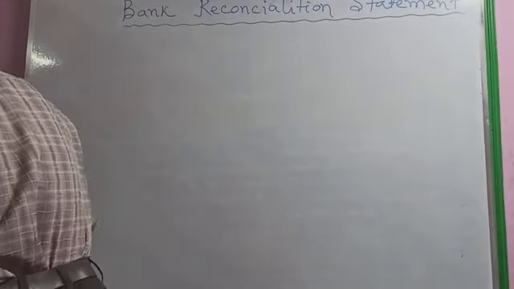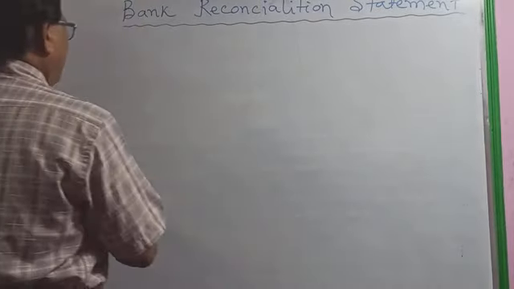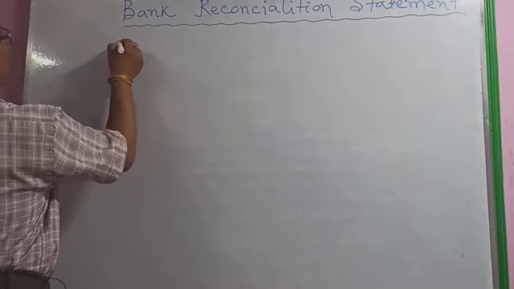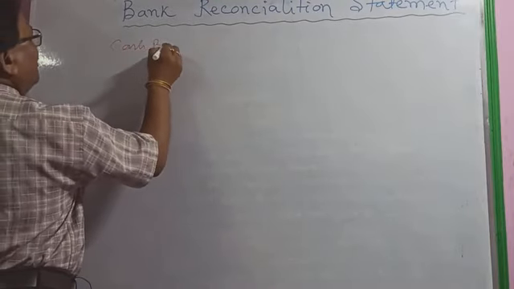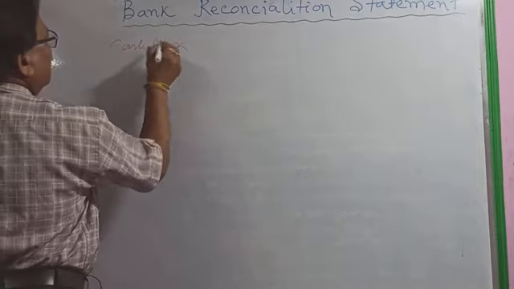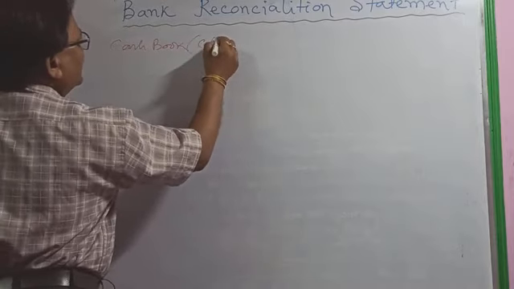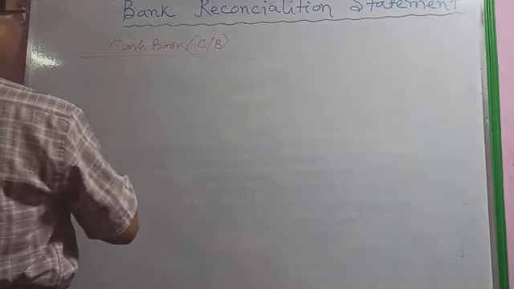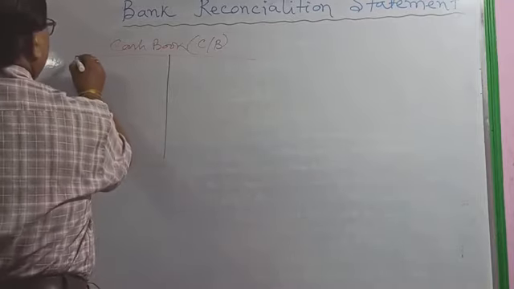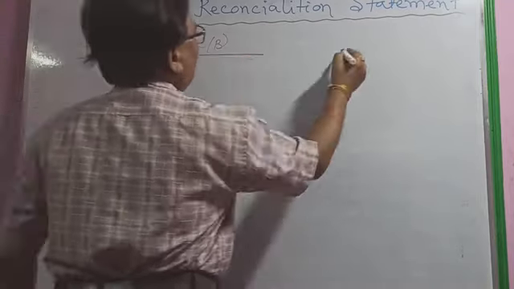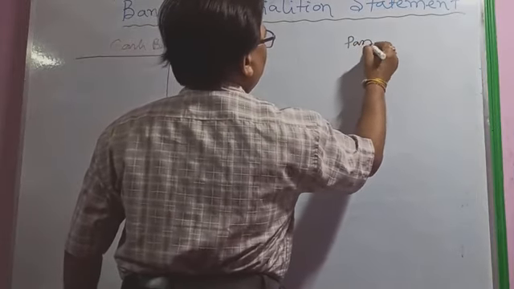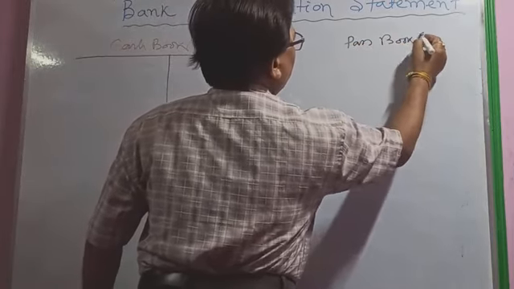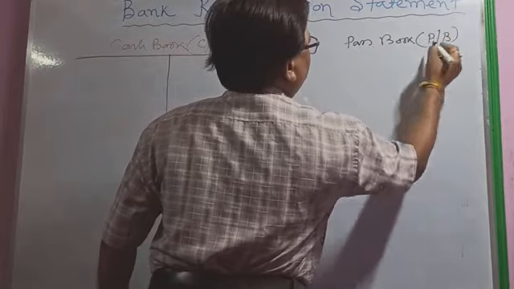Suppose a customer opens a bank account. One is the cash book, or short form C by B, and another is the passbook, or short form P by B.